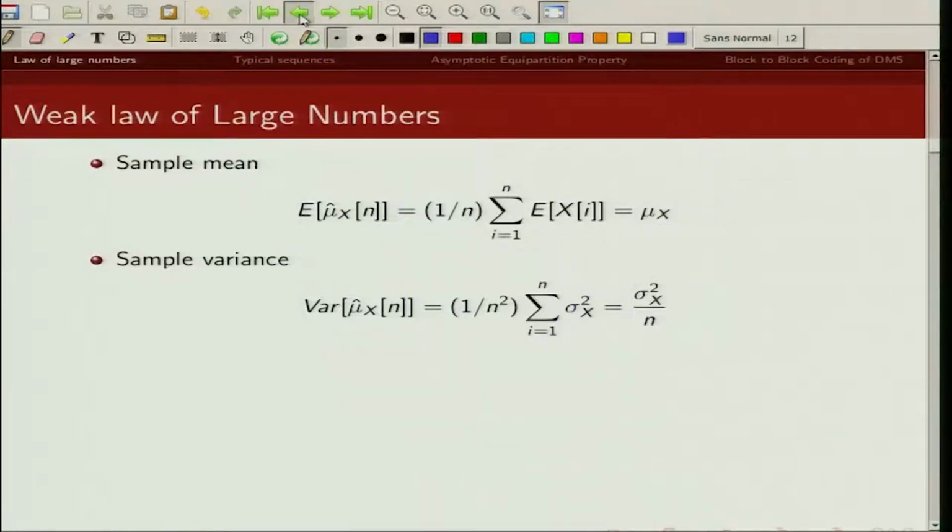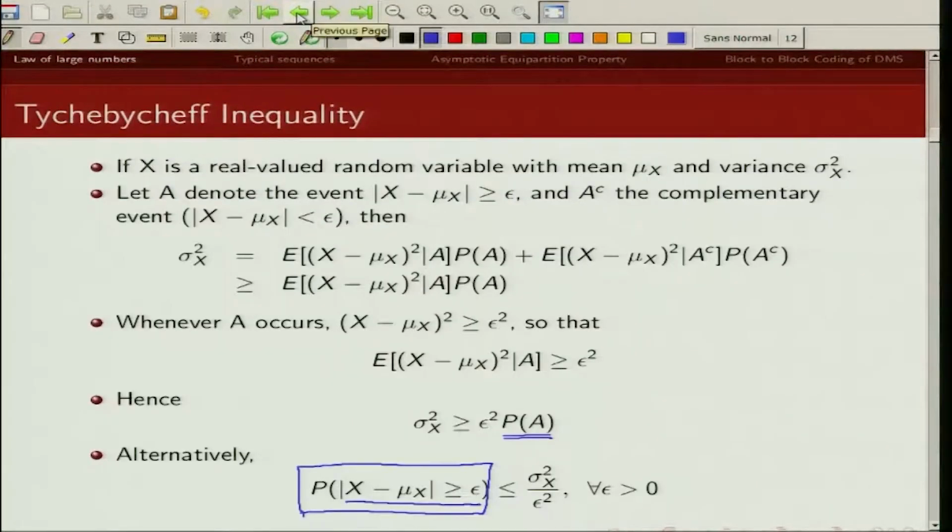Again, just go back and look at this expression. I'm replacing x by mu hat of x, I'm replacing the variance of x by the variance of mu hat of x, and the mean of this is given by this expression, and this variance of mu hat of x we just proved is sigma square by n.